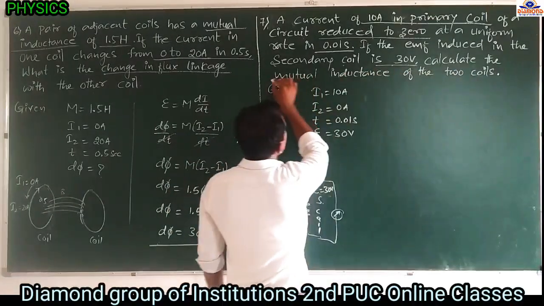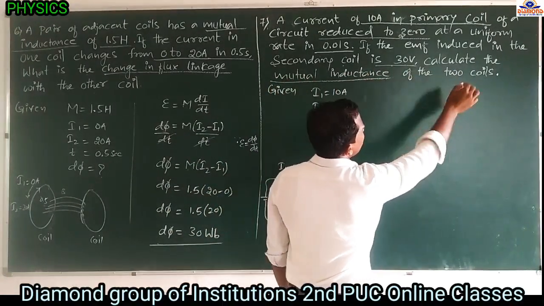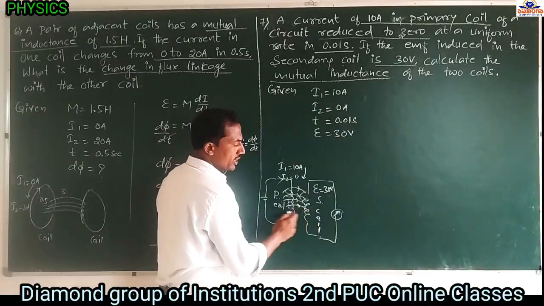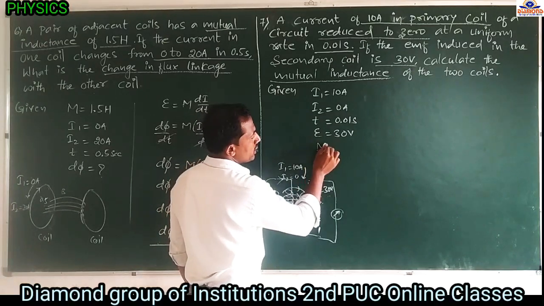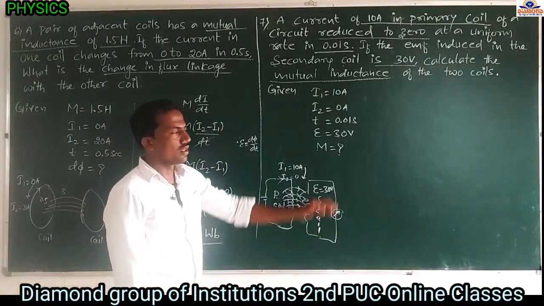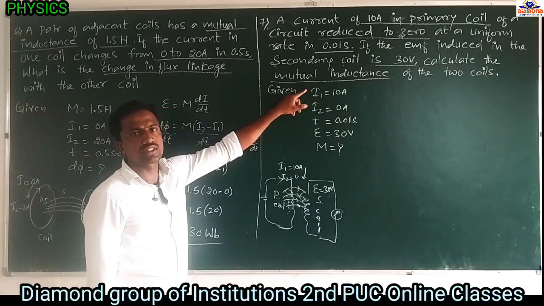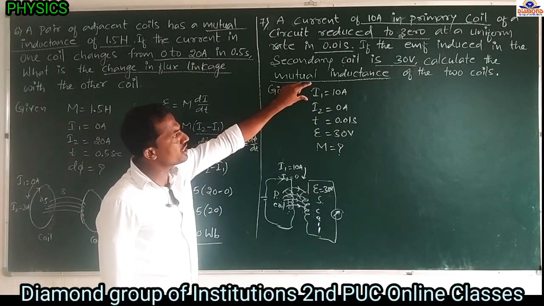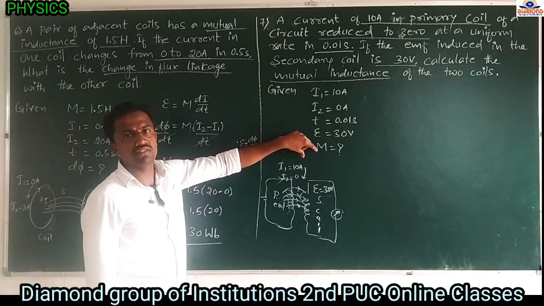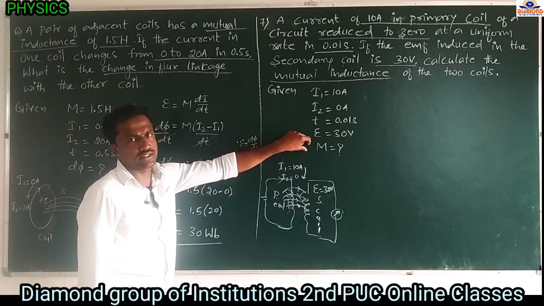Calculate the mutual inductance of the two coils. What is the mutual inductance between two coils? Mutual inductance is denoted by M. M equals question mark. According to the question, what is our given data? I1 value is given, I2 value is given, time is given, EMF is given. We are calculating mutual inductance.